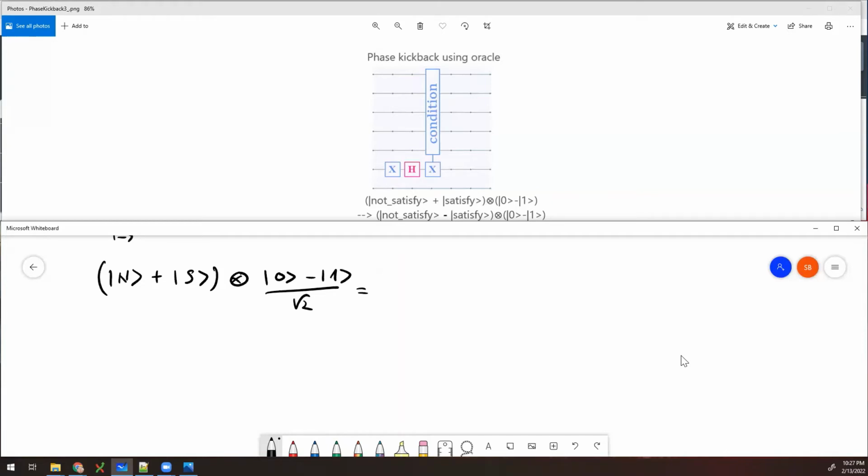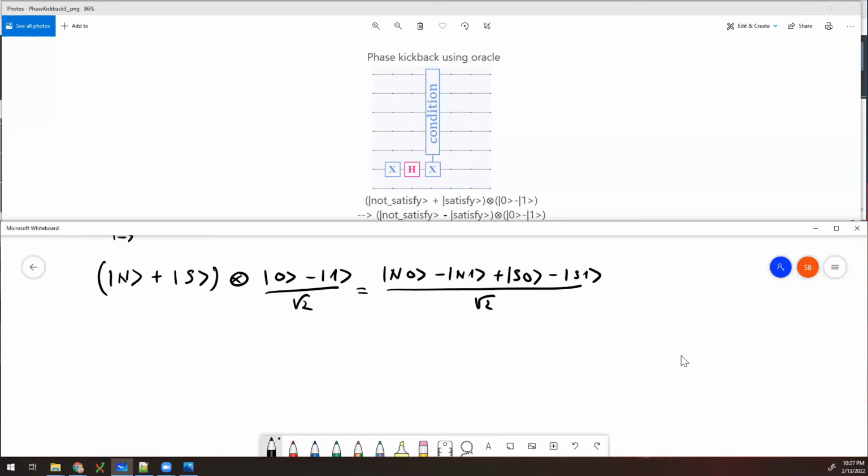Now this is equal to N0 minus N1 plus S0 minus S1 over square root of 2.